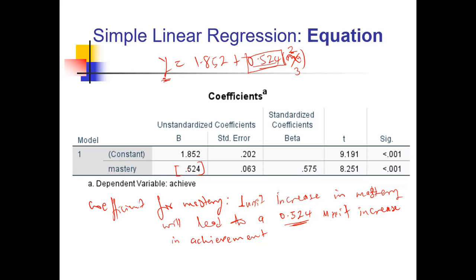The coefficient is the increase. So all you need to do is remove what you need to remove and put in what needs to go there, right? The independent variable for us here is mastery.